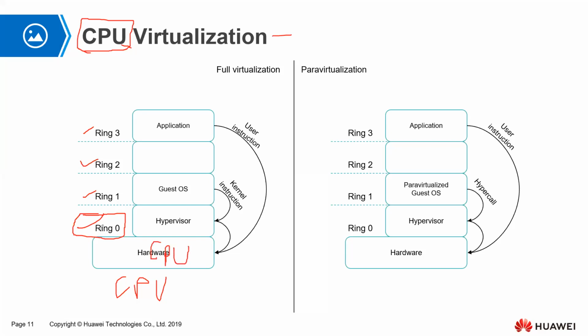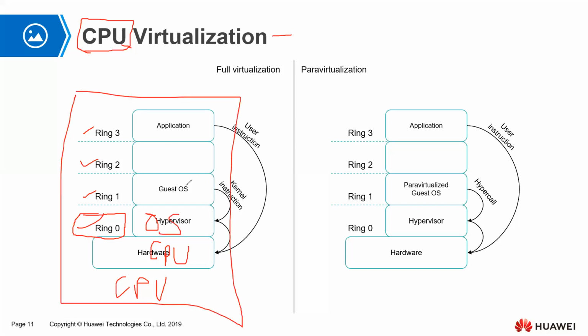Usually this is the operating system in a normal environment without virtualization. The operating system or the drivers operate at ring 0, which has the highest privilege to access the hardware resources or the CPU.